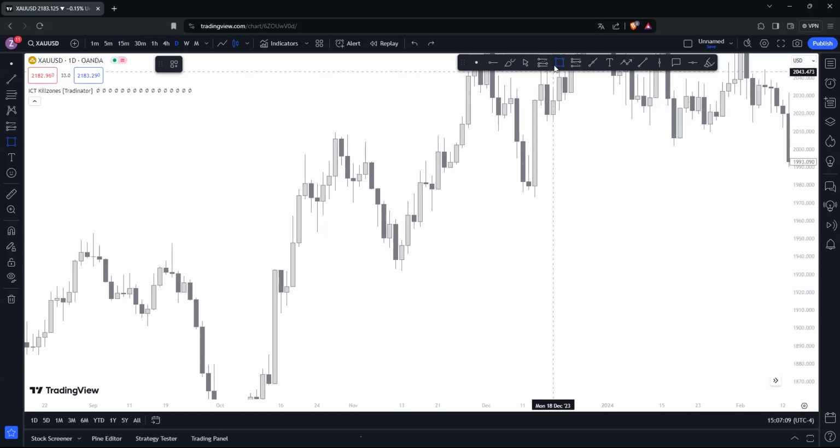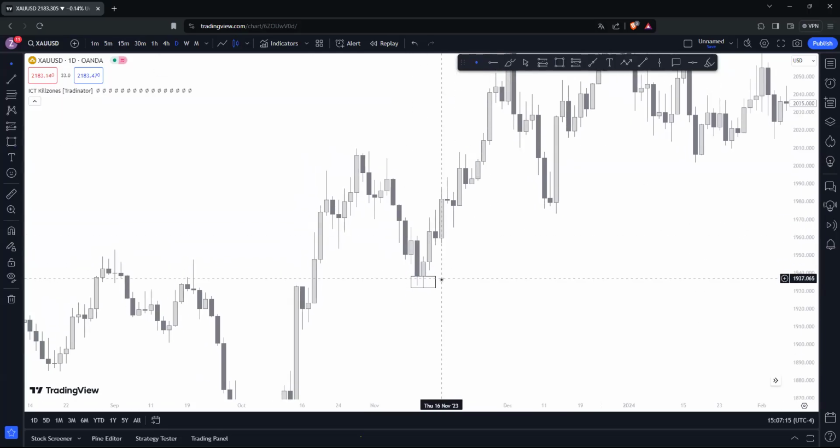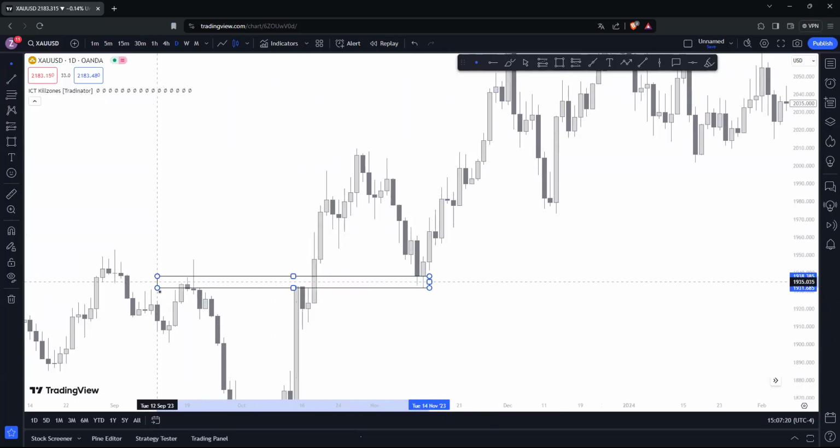You're going to grab a box. You're going to box the wicks of that swing move, and push it all the way to the left. In this box, you have to identify fresh levels that got rejected by these wicks.